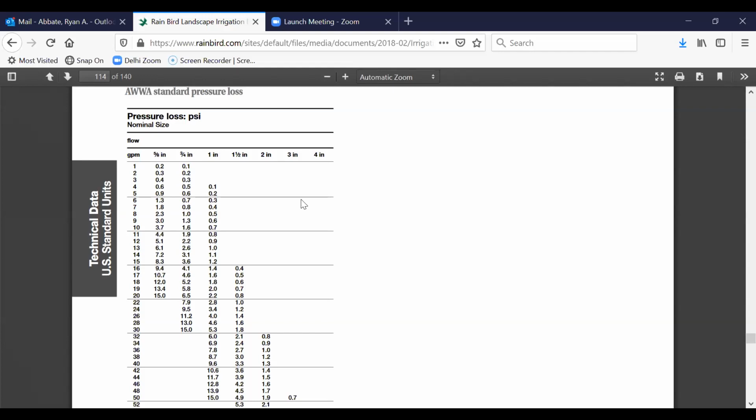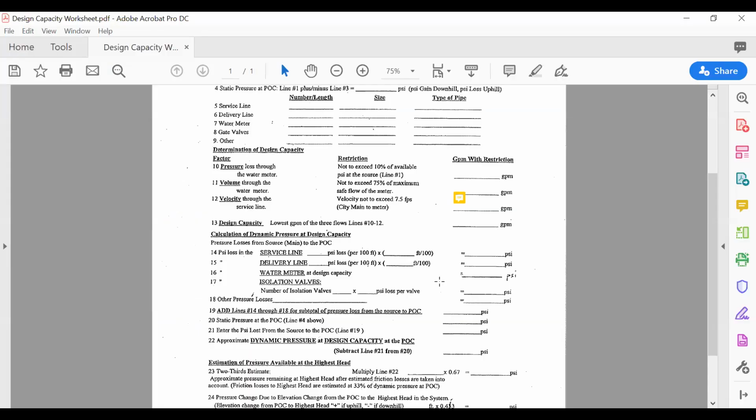So input 1.6 into our chart, water meter right here, line 16. Isolation valves and other are 0 because we don't have any, so we could just write 0 and 0. So lines 14 through 18 should have a total loss of 35.56 PSI.